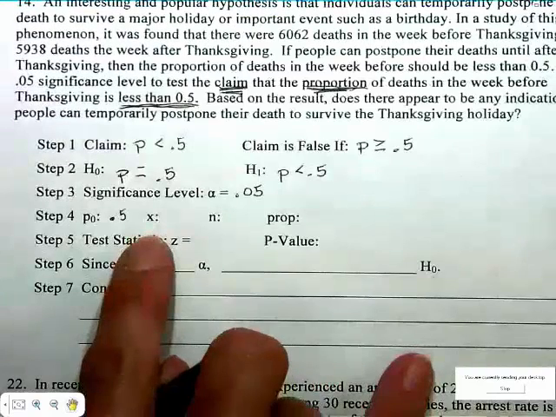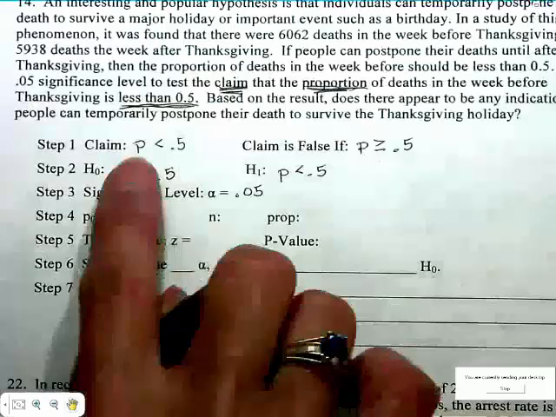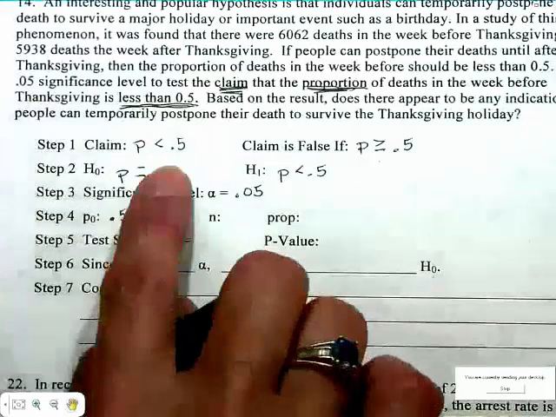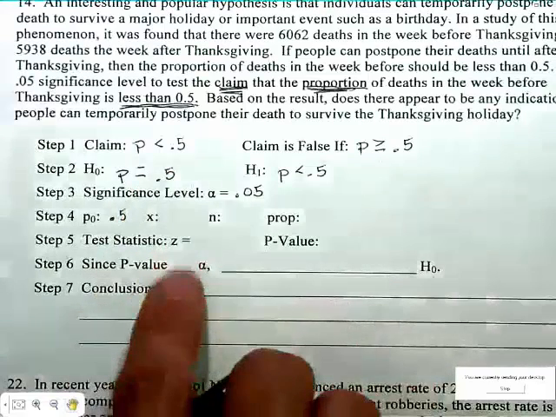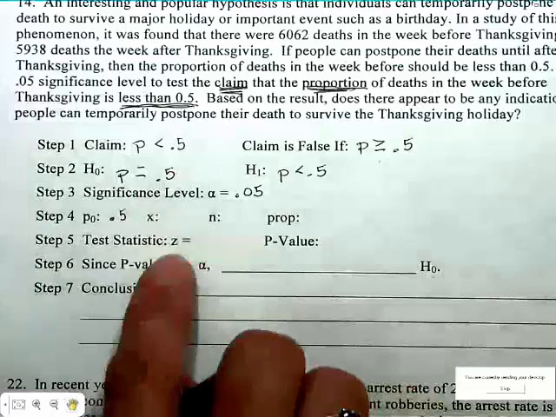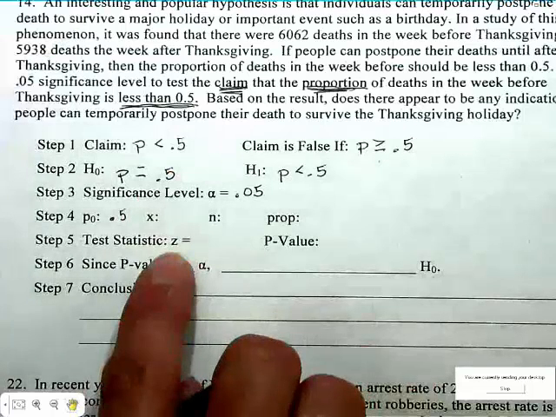Well, our claim, P, is about the proportion who died before Thanksgiving. So our X has to be the number who died before Thanksgiving. Does that make sense?